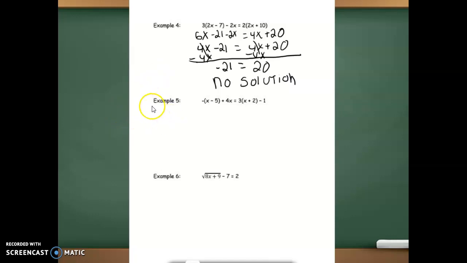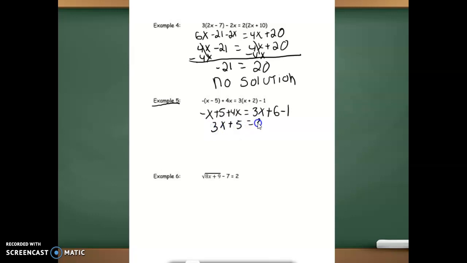And I bet you can guess what this one's going to be. Let's work it out and see. So I'm distributing a negative sign, or a -1 again. That's going to turn into a positive. Now I'm going to distribute the 3. Combine like terms.